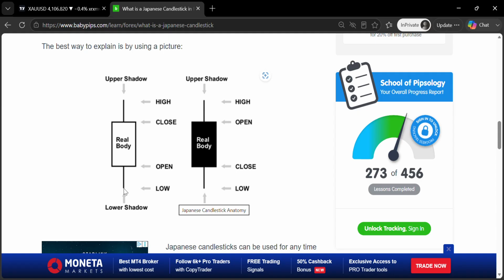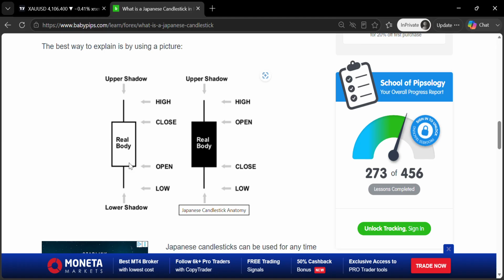The price came this low, and it also came to this high point. But at the end of the 5 minutes, when the candlestick is formed completely, the price was at this figure. That explains the body: the open and the close. The regions where price visited are what we call the wicks.